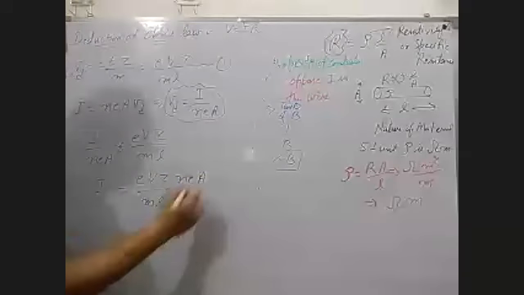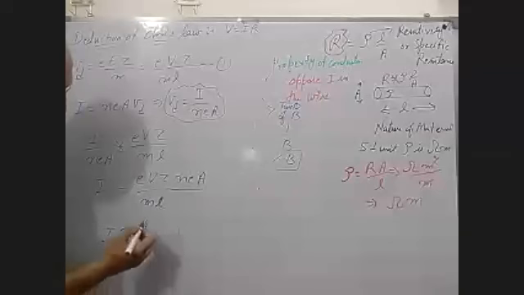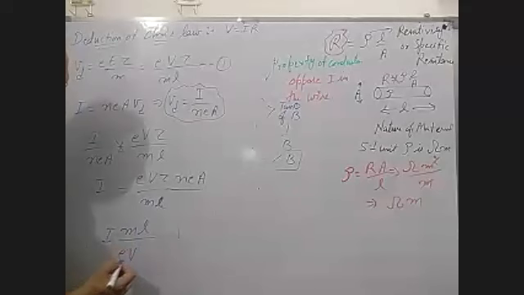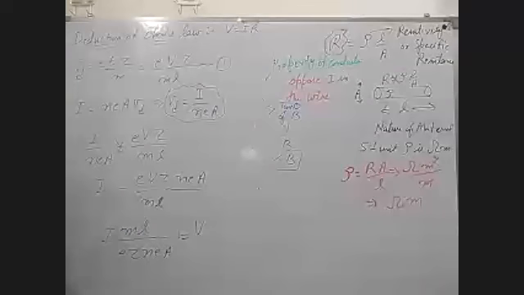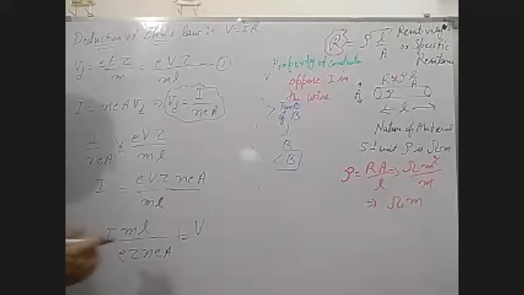In this way, you can write this thing: V is equal to I times m L upon n e squared tau A. Yes or no?